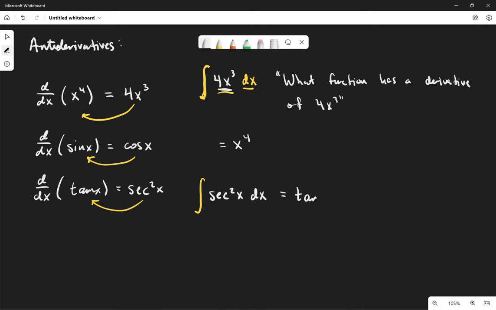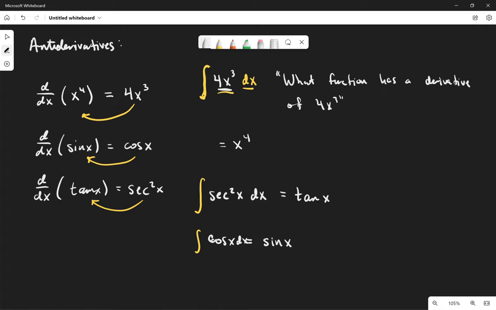And I'll say tangent. If I ask you for the antiderivative of cosine x dx, you would say, what function do I take the derivative of and I end up with cosine? The answer is sine.